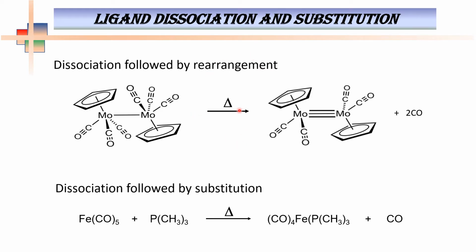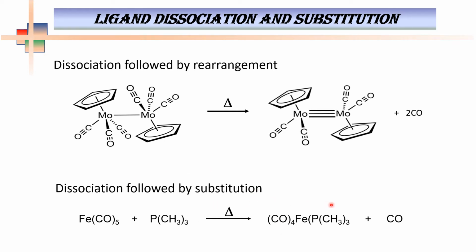During the dissociation, vacant coordination sites will be opened, and for the stability of the overall complex, it can respond in two ways. Either it will undergo a rearrangement, like in this case where a metal-metal bond has been formed to overcome the electron deficiency due to the removal of carbonyl, or, in this case, removal of carbonyl followed by substitution of phosphine ligands.